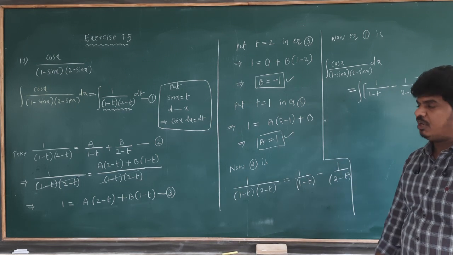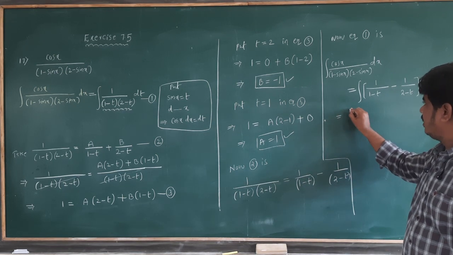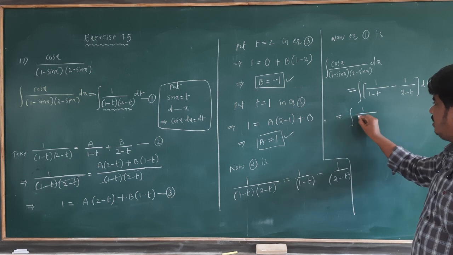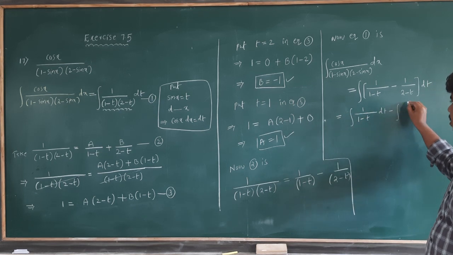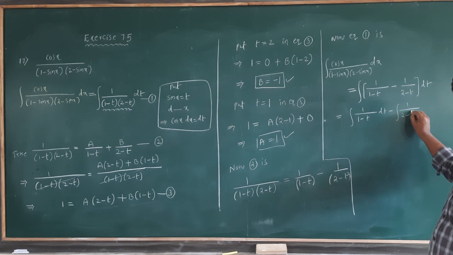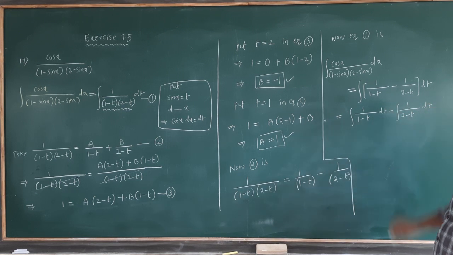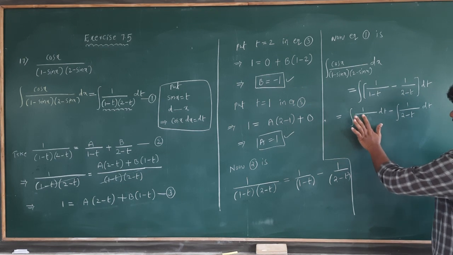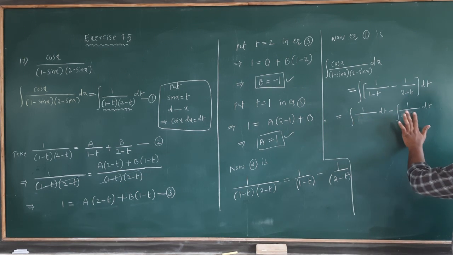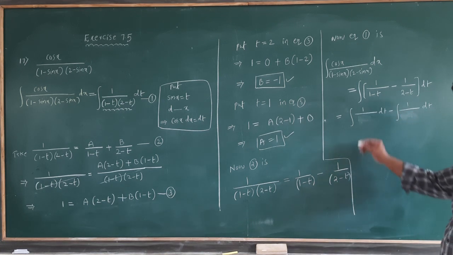Now take the integral separately for these two. Integral of 1 divided by 1 minus t dt minus integral of 1 divided by 2 minus t dt. Just like this, it is minus t plus 1 and minus t plus 2.